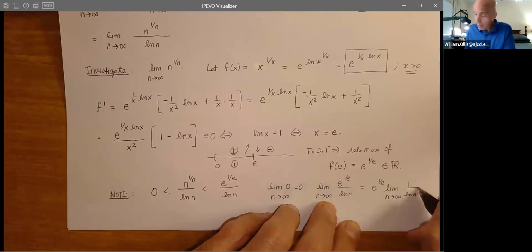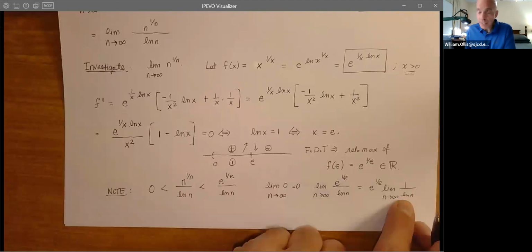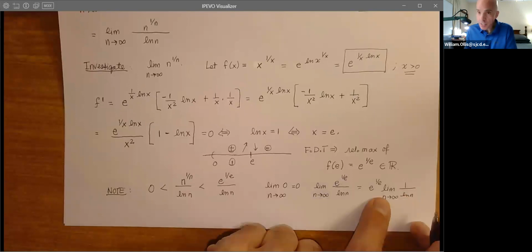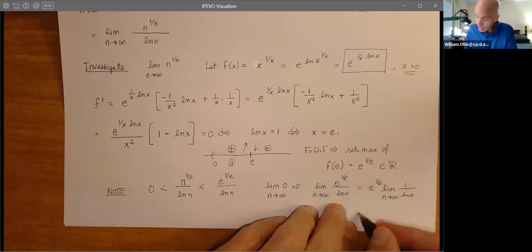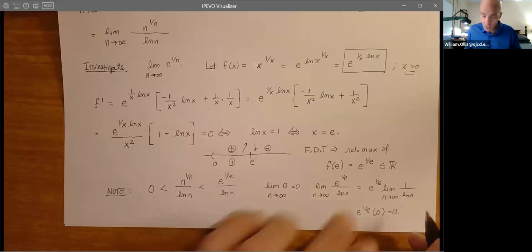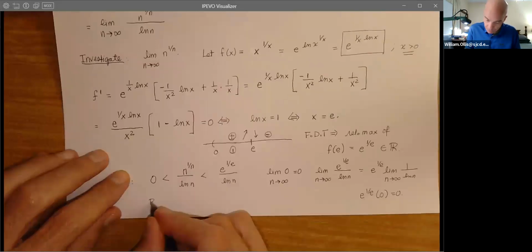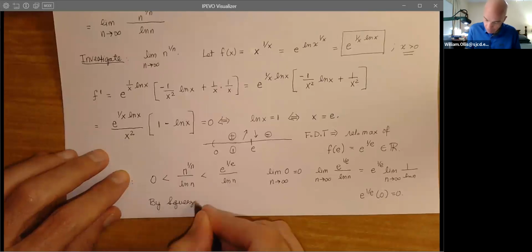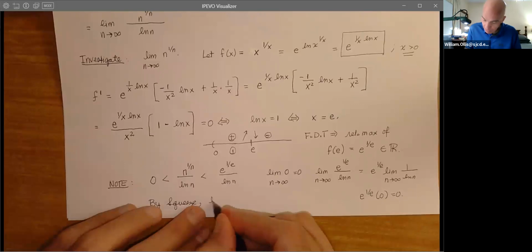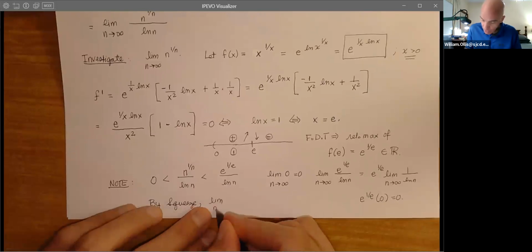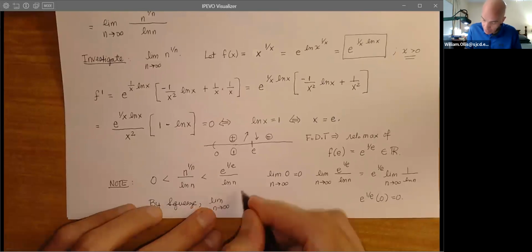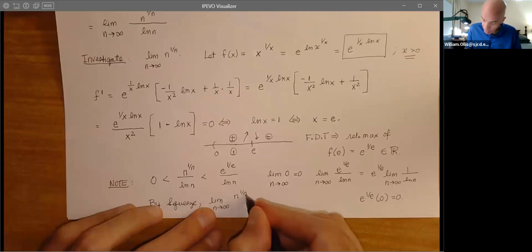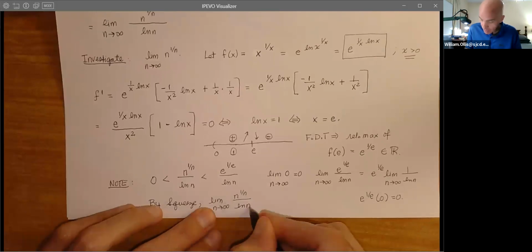Of course, now ln n tends to infinity as n tends to infinity, so this is 1 over infinity. So this is e to the 1 over e times 0, which is 0. So by squeeze, the limit as n tends to infinity of n to the 1 over n over ln n is 0.